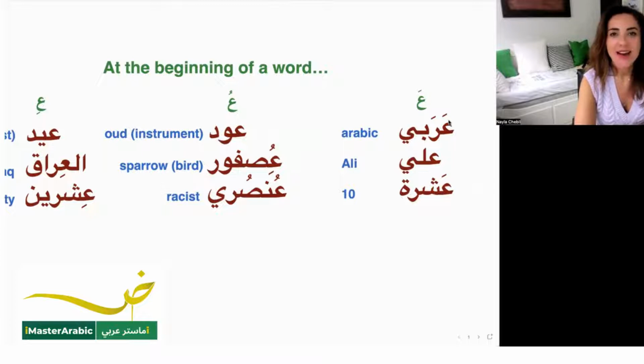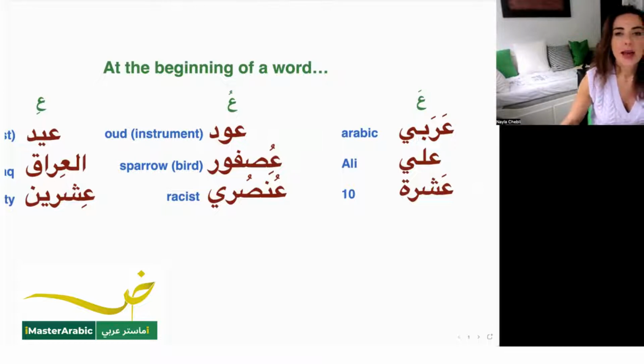Now say Arabi. Try again. Arabi. First exaggerate, like say and you know, while doing that work with the back of your tongue. Arabi. Again. Arabi. Perfect.